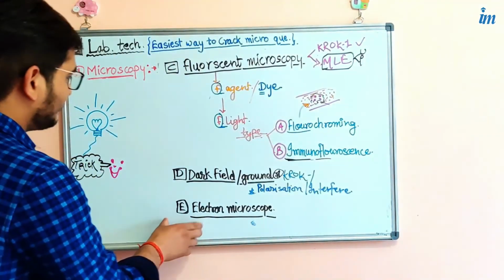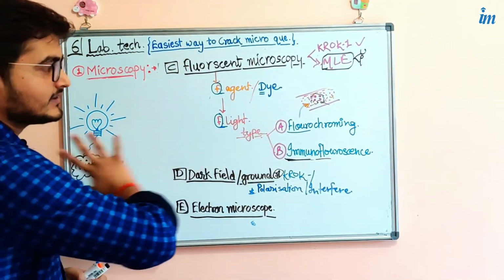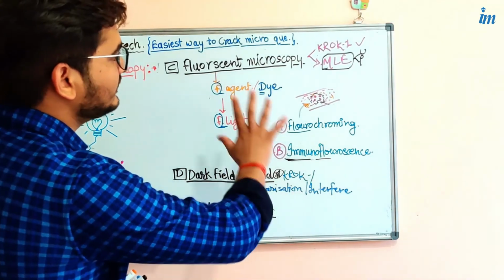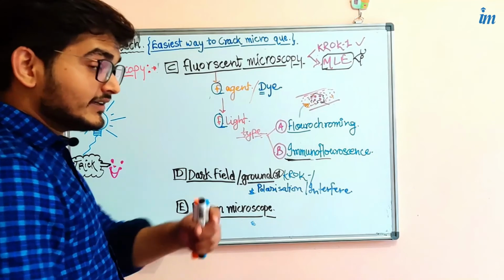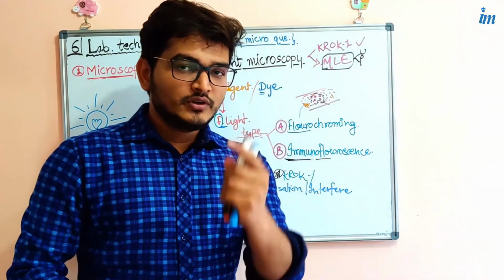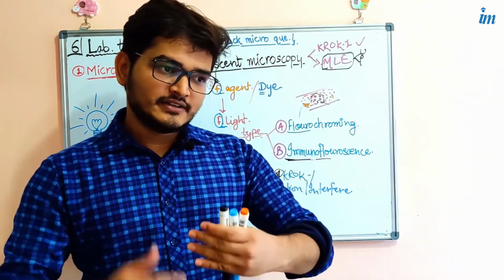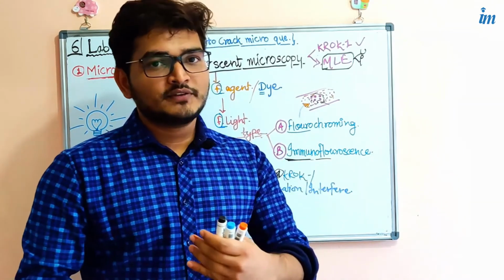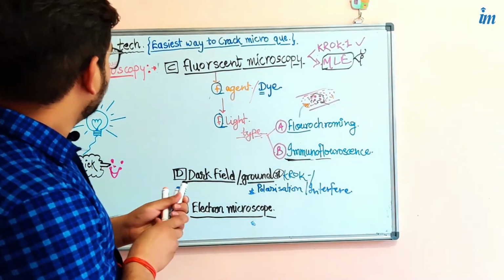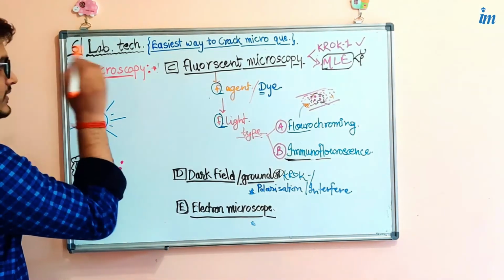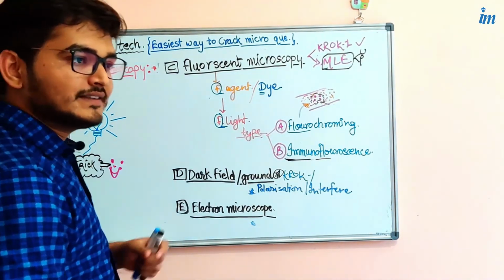So here are the 5 concepts of microscopy I discussed with you, and I will give you a compact revision in the bonus round. Like I told you last time, 5 staining methods and one sentence, on the basis of which you can solve all the questions of CROC. So on the basis of lab technique, this is the first slot, microscopy. Second slot, the staining technique.